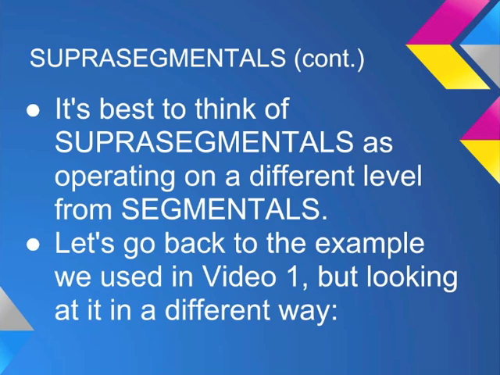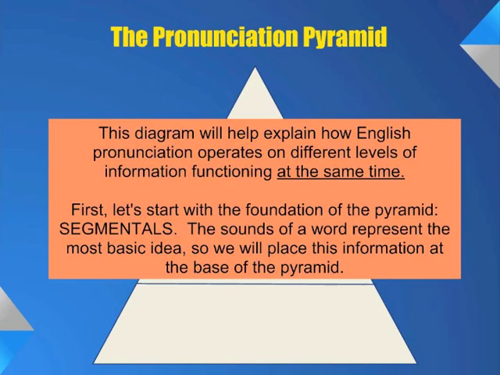It's best to think of suprasegmentals as operating on a different level from segmentals. Let's go back to the example we used in video 1, but looking at it in a different way. This diagram will help explain how English pronunciation operates on different levels of information functioning at the same time. First, let's start with the foundation of the pyramid, segmentals.